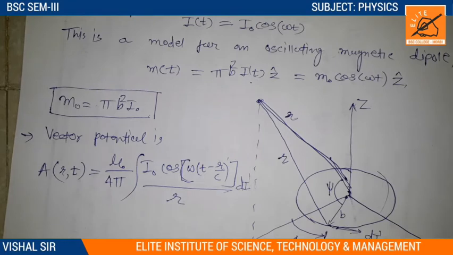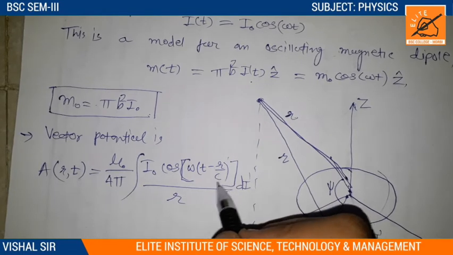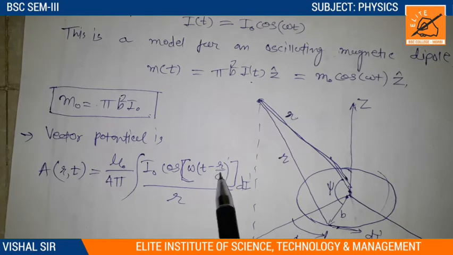So this one is the vector potential. Now in this equation we have taken r upon c. What is c? C is the velocity of light, because we know that electromagnetic waves travel with the speed of light.